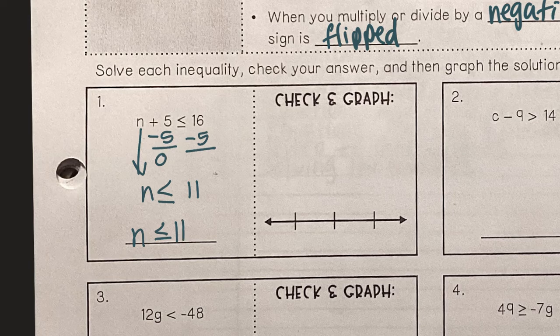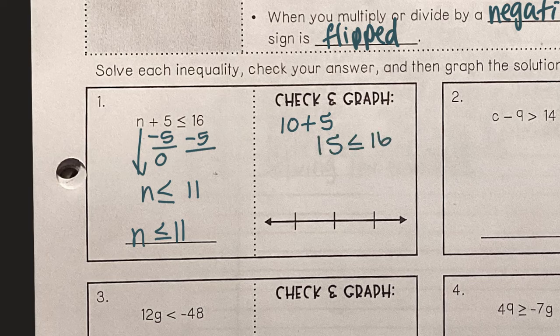If I check that, if I plug in my value for n, okay, n has to be less than or equal to 11. That means that I could pick any number that's less than or equal to 11 to represent n. In this case, I could put 10 in there. 10 plus 5 is 15, and 15 is less than or equal to 16.